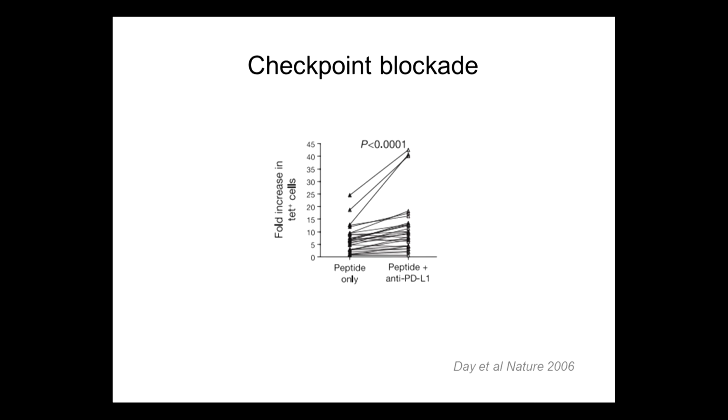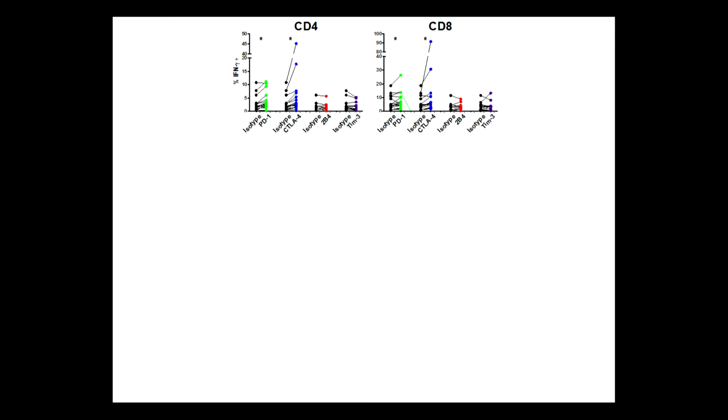And this is still preliminary data, what I'm showing from now on, but what we found was that, in general, the PD1 and CTLA4 blockade had the strongest impact on the CD4 T cell function and followed a very similar pattern to the CD8 T cells.